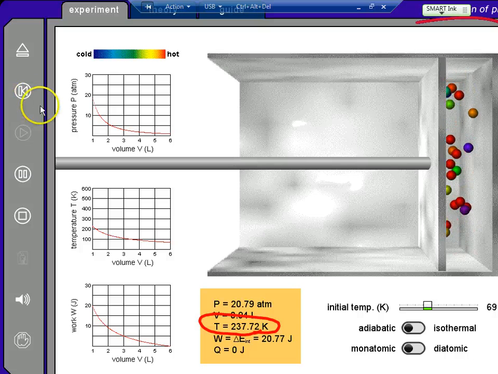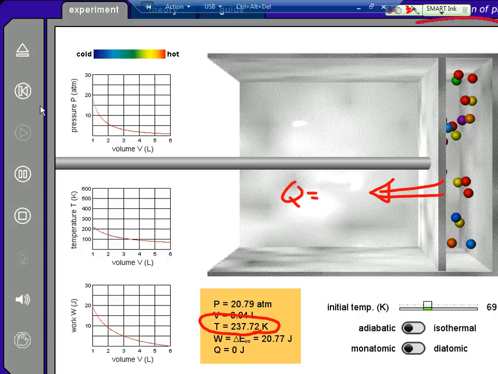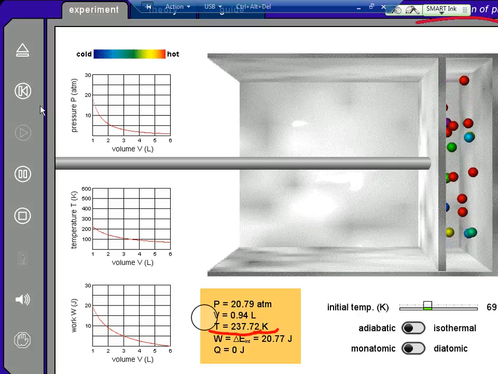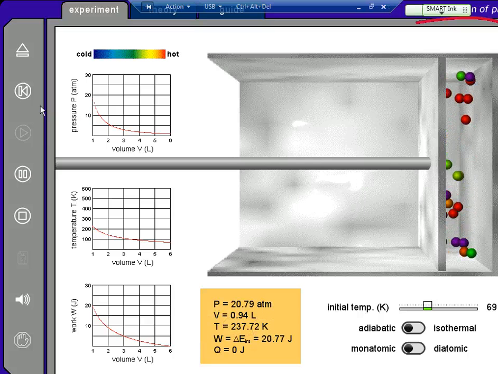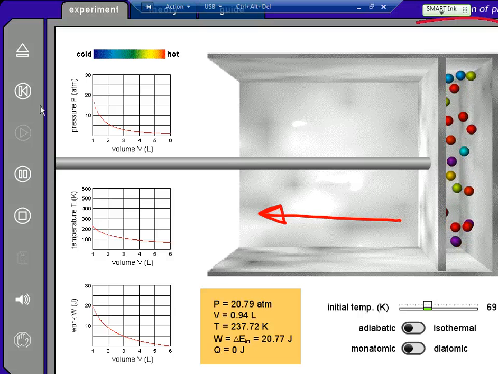So with an adiabatic situation, there's no heat loss out of the system. All the energy you put in stays in. And vice versa, if we were to move this piston back out, as the gas uses up its own energy to do work to expand, it'll cool off because it's losing energy.